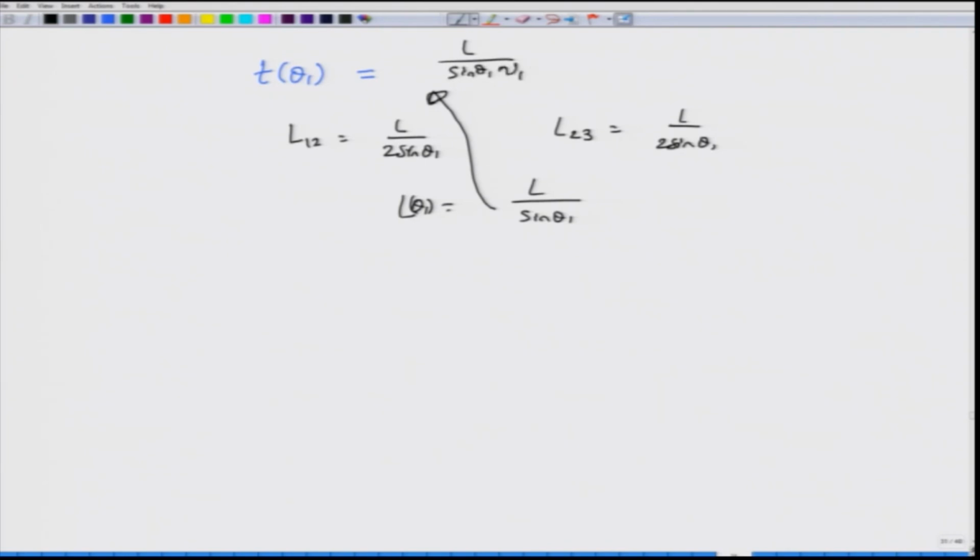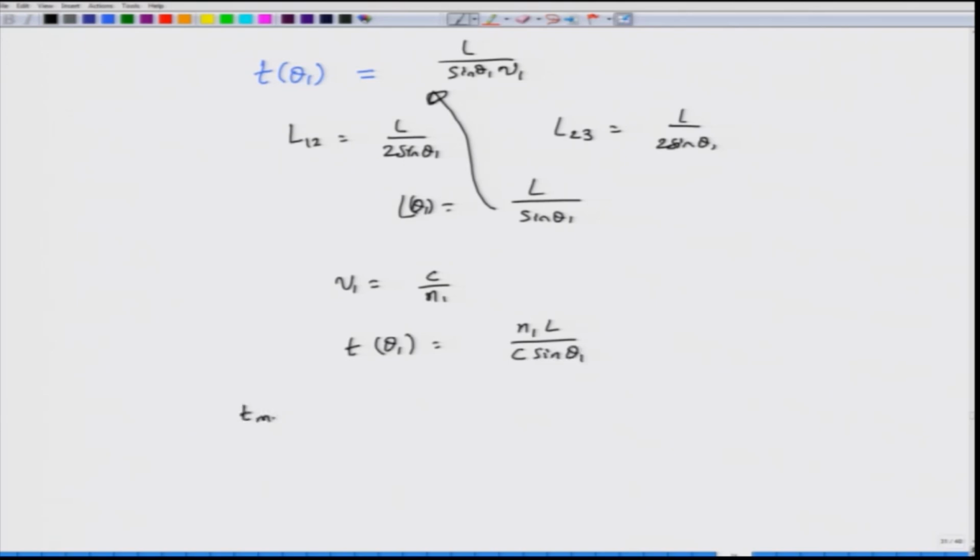Therefore, the time taken is L by sin theta 1 times v1. And I know that v1 is given by c by n1, which is the phase velocity of the ray of light inside the core. Therefore, the time taken for a ray of light which makes an angle of theta 1 is given by n1 L by c sin theta 1.